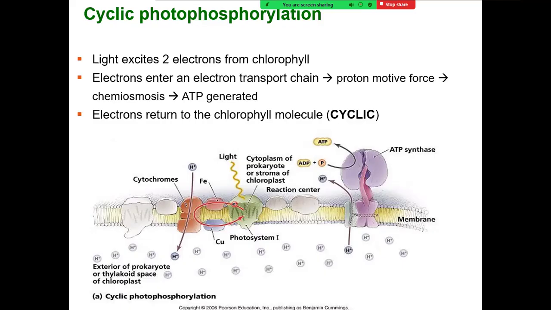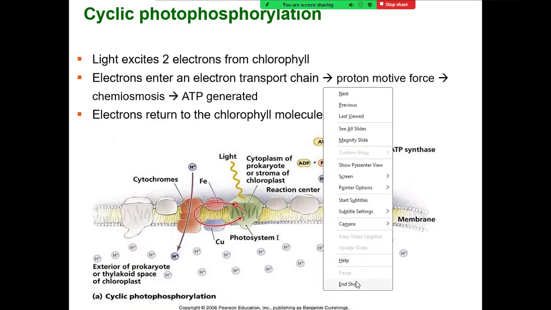Phosphorylate is adding phosphate to ADP, or adding phosphate to some molecule, I should say, making ATP. This should be a little bit familiar to you because it's very similar to the electron transport chain in aerobic respiration, creating a twofold hydrogen gradient. And then the hydrogen gradient, you're using the potential energy of all these hydrogen and positive charges over here wanting to come over here to make ATP.